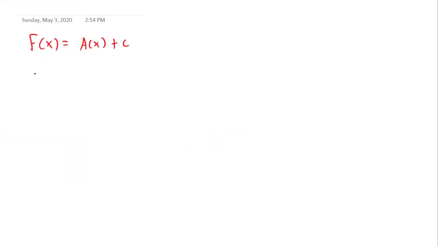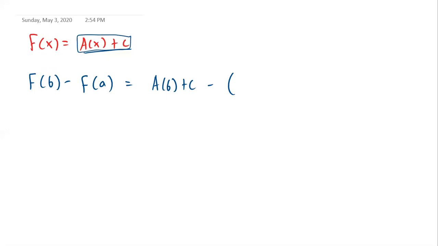Now let's simplify this expression. What's F of b minus F of a? Well, let's see. By definition, what is this going to be? We'll just plug everything in. F of b, well, F is this thing, so plug in b for x. Right? So F of b is going to be A of b plus c minus, now we plug in a into the function F. Again, big F is given by this. So we replace x with a.